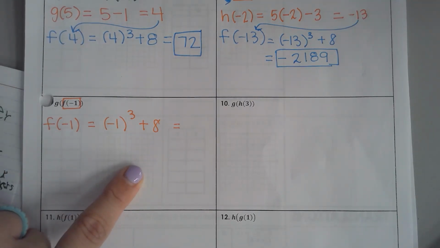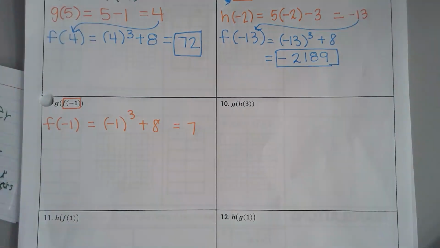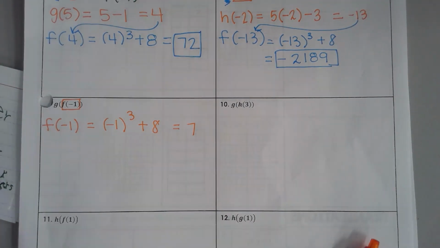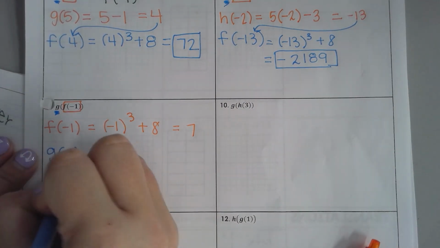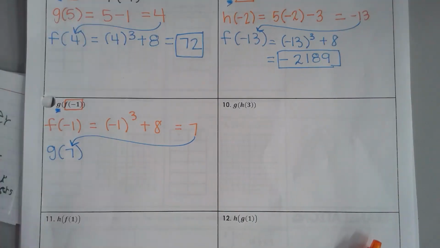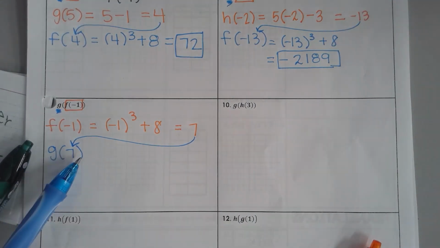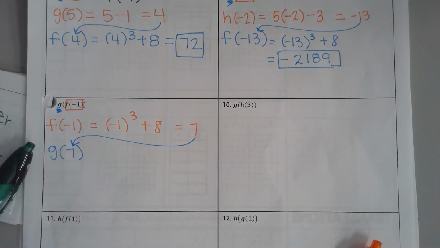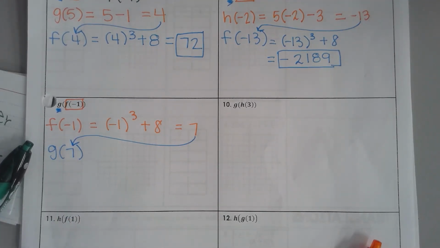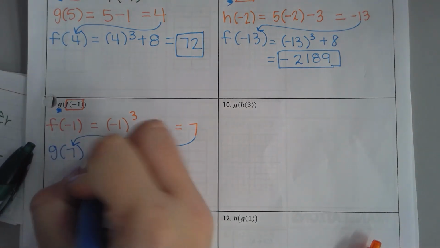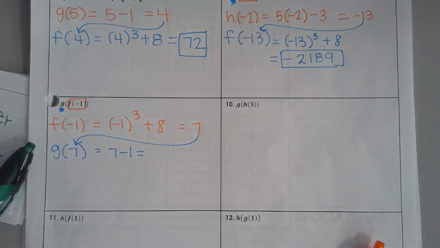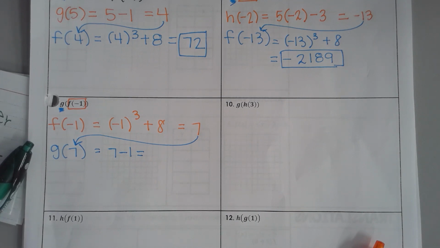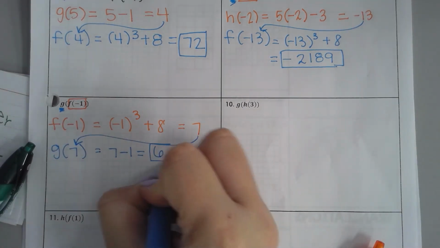What do we get? 7. Good. So then I'm going to do g of 7. My outside function was g, and I'm going to plug the 7 in because that's what I got the last round. Which is 7 minus 1. Rocky, what is 7 minus 1? 6. Good. And 6 is my final answer.